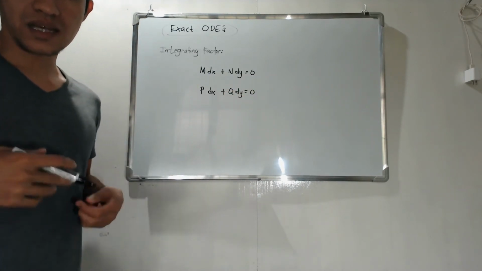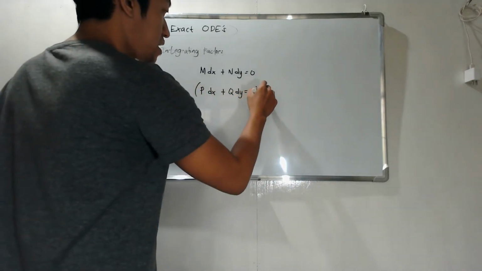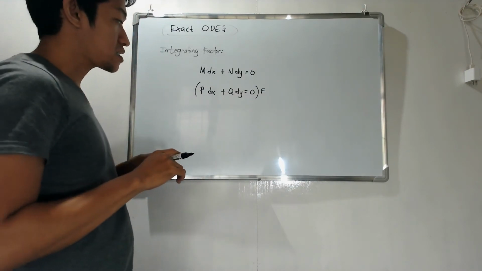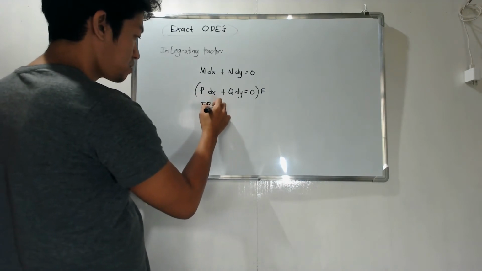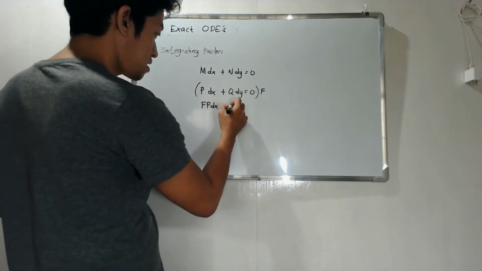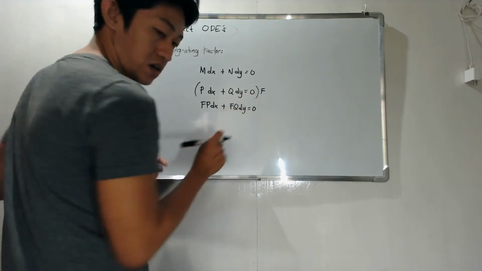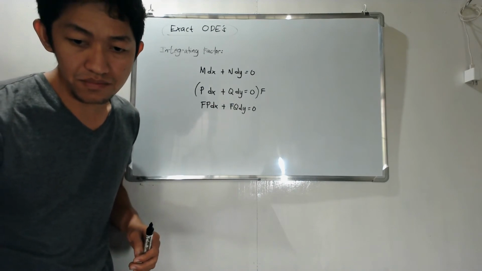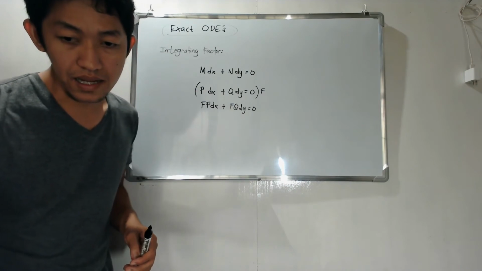Now what we did is we multiply this one by a factor f. This becomes f P dx plus f Q dy equal to 0.